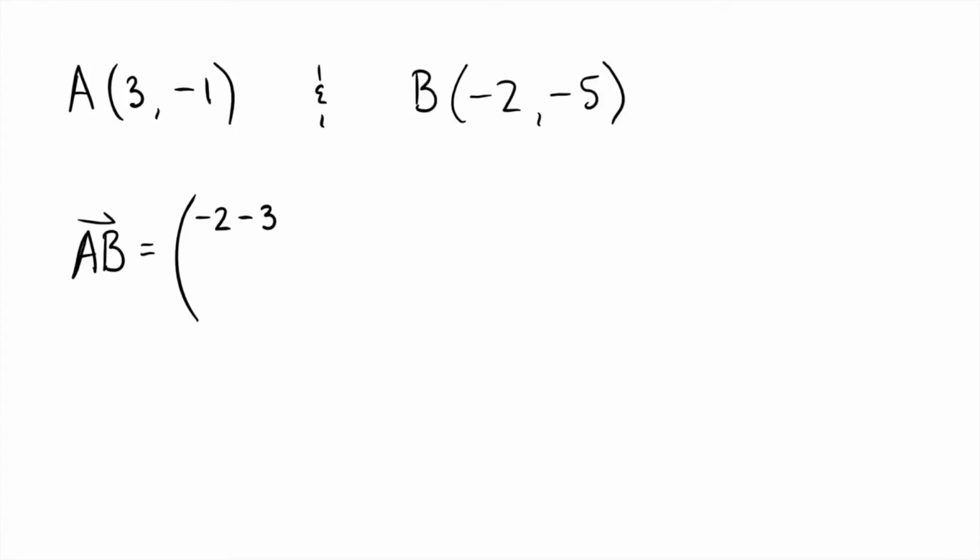Then I'm going to do the same thing for the y values: the y value of the point where it terminates, minus the y value of the point where it originates. Then I just have to evaluate, and I get that the components of this vector are -5 and -4. So you can see, algebraically, it's very easy to find a vector between any 2 points.